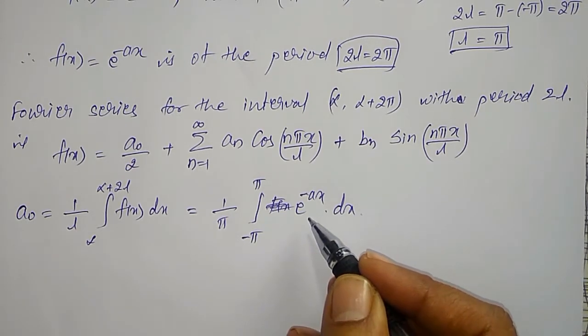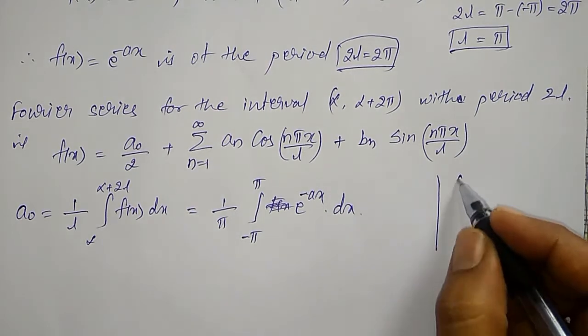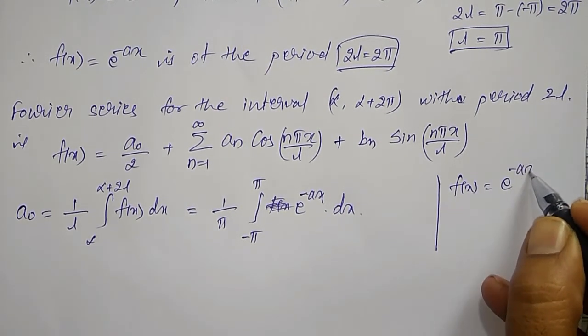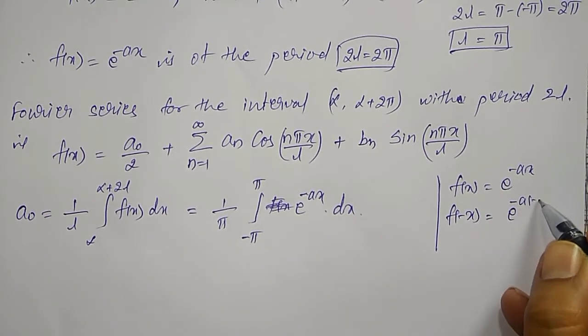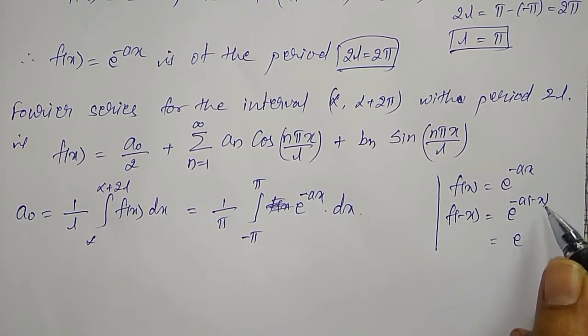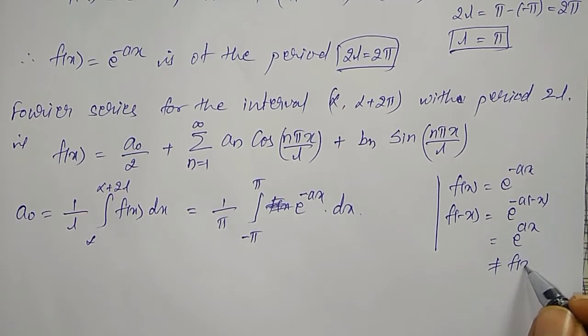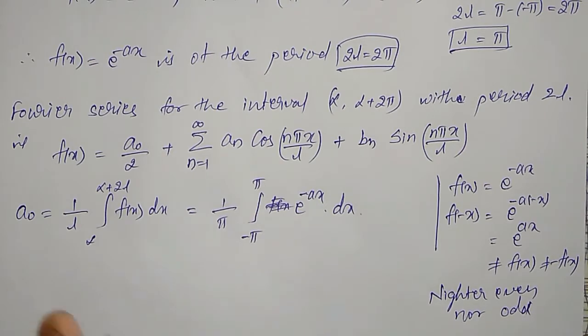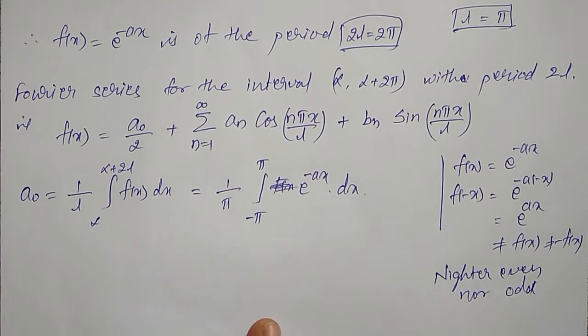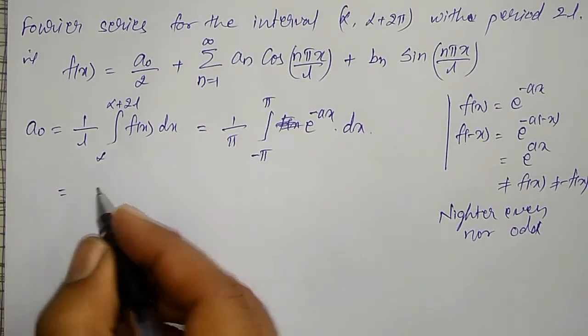Replacing x by minus x, f of minus x equal to e to the power minus a into minus x equal to e to the power ax, which is not equal to f of x or minus f of x. Therefore it is neither even nor odd function. That's why we have to find all the three Fourier coefficients a naught, an and bn here.